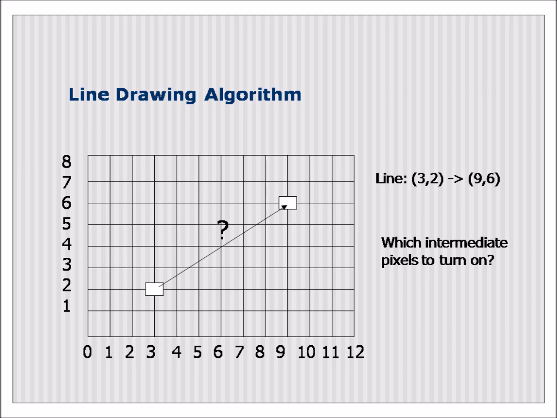The arrow passes from the starting point 3, 2 to the ending point 9, 6 in order to reflect which intermediate pixels need to be turned on to complete the line in slope form. Hence, this could be achieved with the help of the digital differential analyzer or Bresenham algorithms for drawing the line.